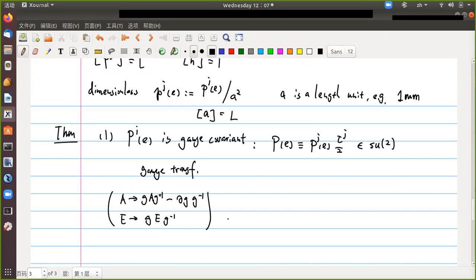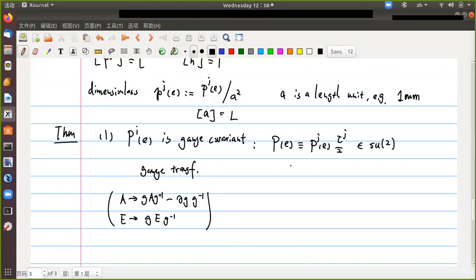So you just apply this gauge transformation. Here you can see that both A and E transform under the adjoint representation. A is transformed like a connection, and E is just transformed in the adjoint representation of SU2, if you view E as the algebra element, right?